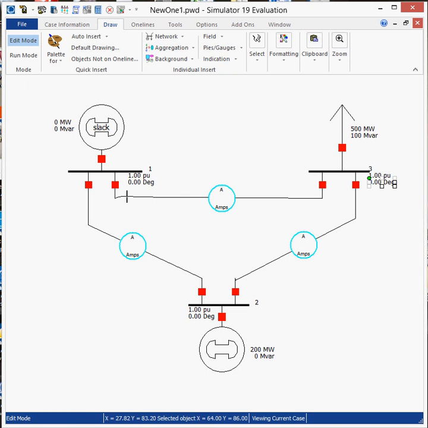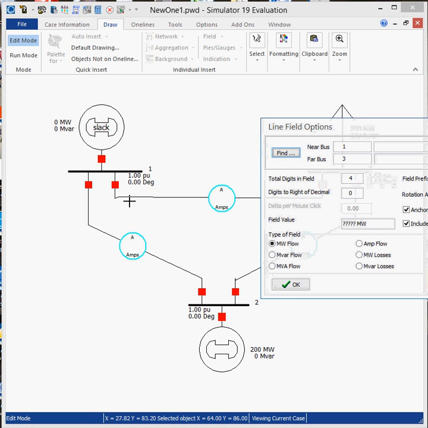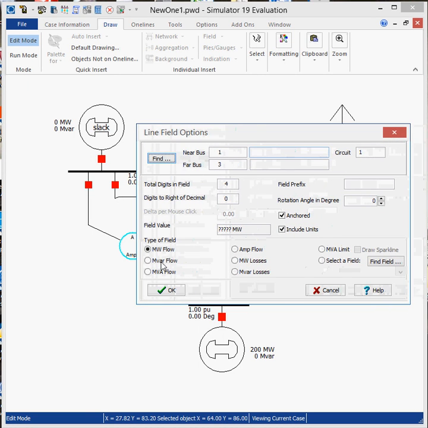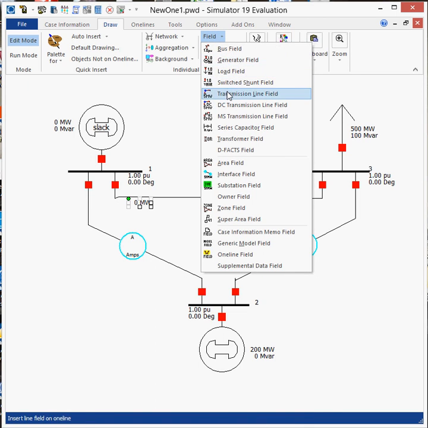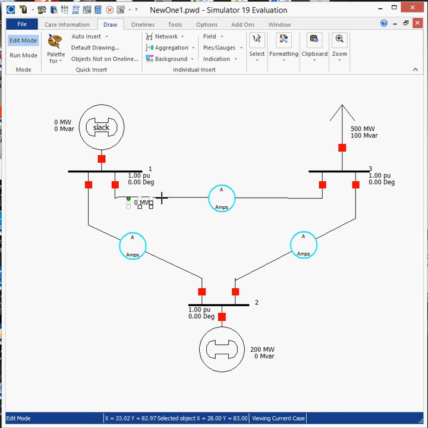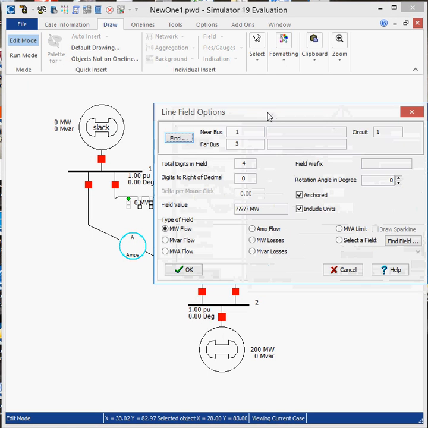Click at that line and display the megawatt flow, and repeat to display the mvar flow as well.